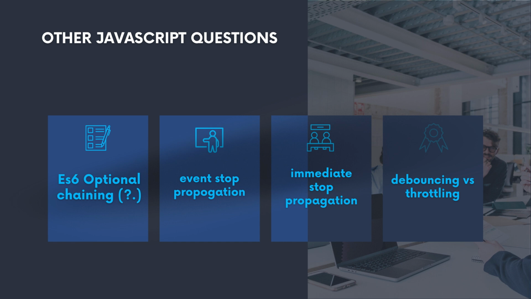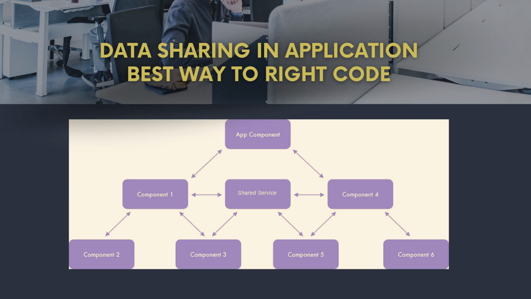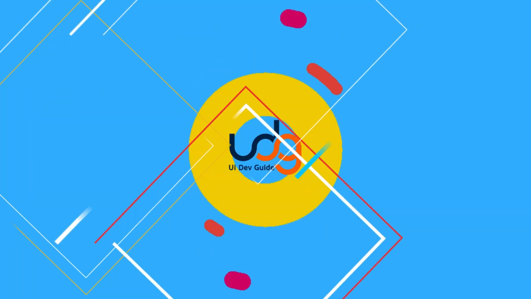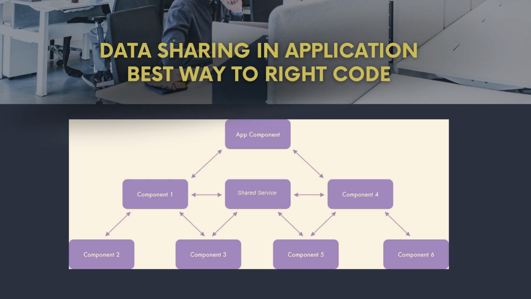Correct. One question I'm always not sure whether my answer is right or not. Sometimes an interviewer asks that we are making some change from one component and we want that data to update without refreshing the page.